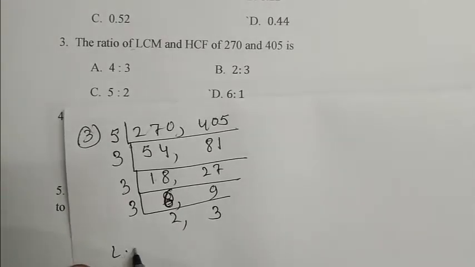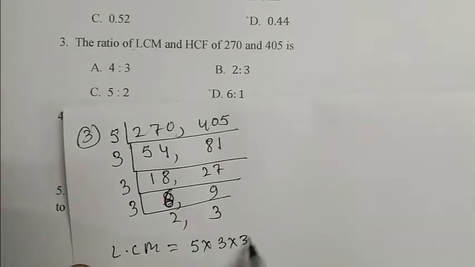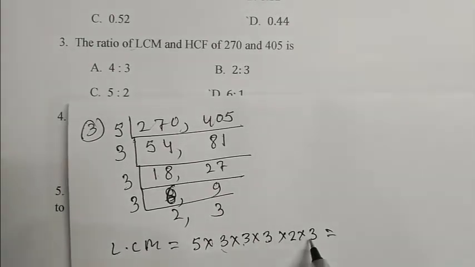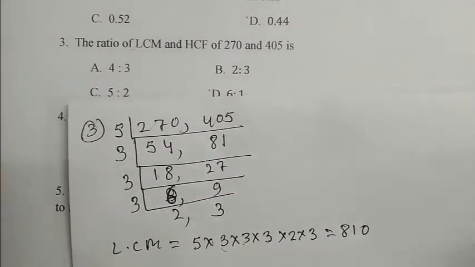So LCM is 5 into 3 into 3 into 3 into 2 into 3, that is 810.